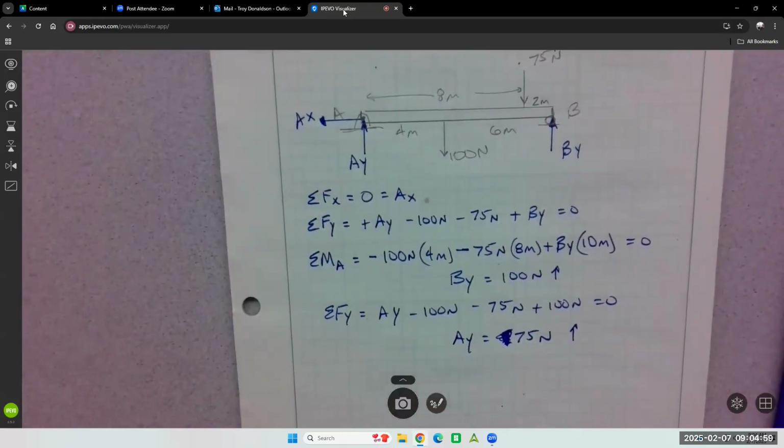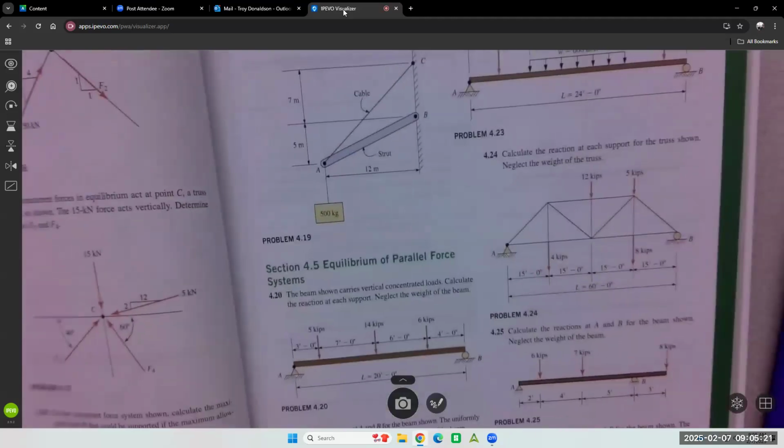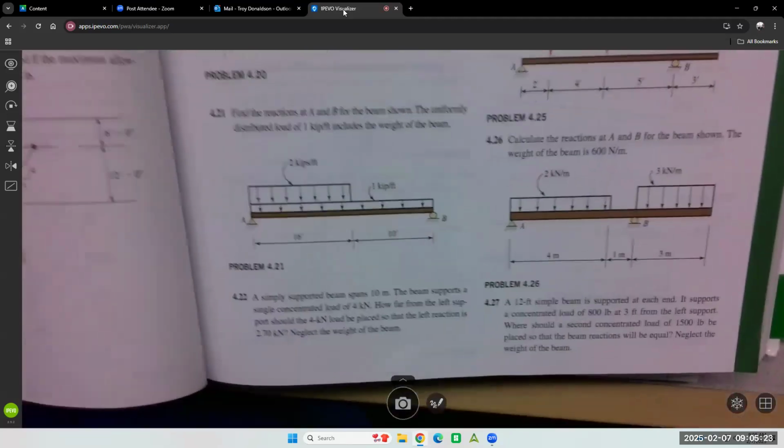If you see a distribution, what are you going to do with it? What if you get a distributed force here? Concentrate it. Calculate the area, concentrate it, go to work like it's a concentration. One of them has that, right? 21 looks like that.